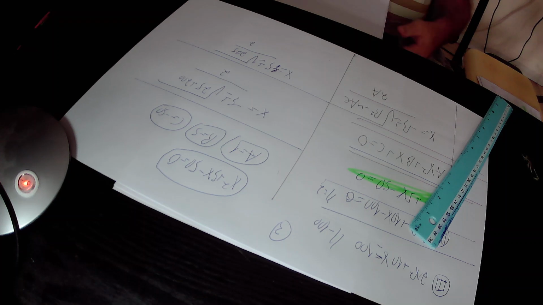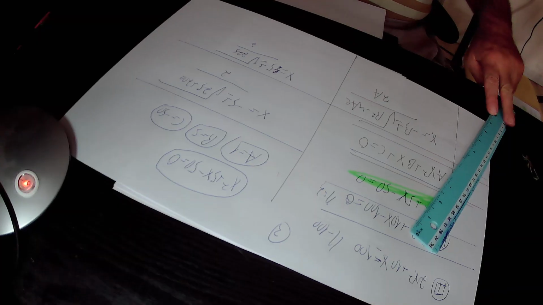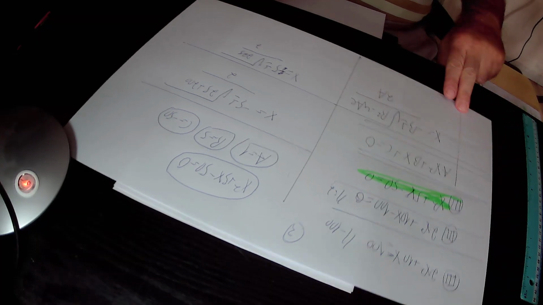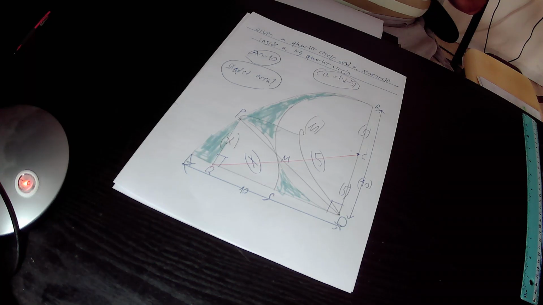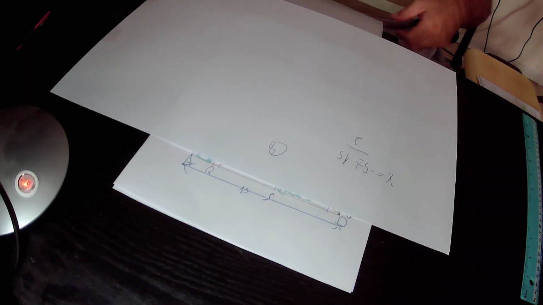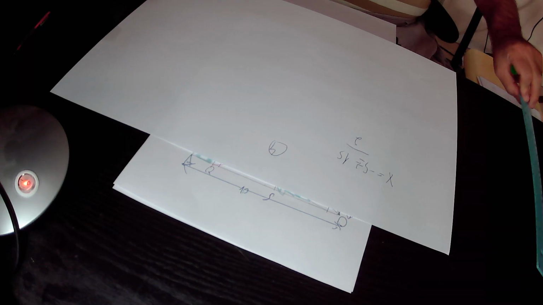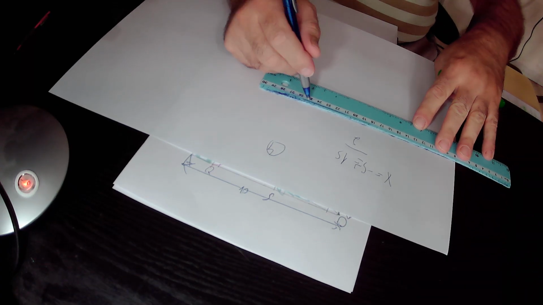The square root of 225 is 15, over 2. So in total we found out that x equals minus 5 plus minus 15 over 2. So here we will have two possible solutions for x.